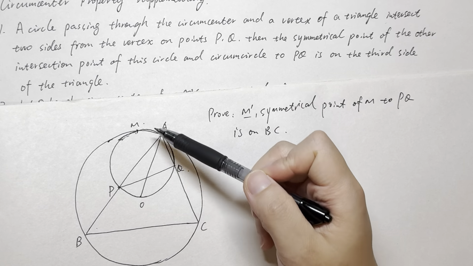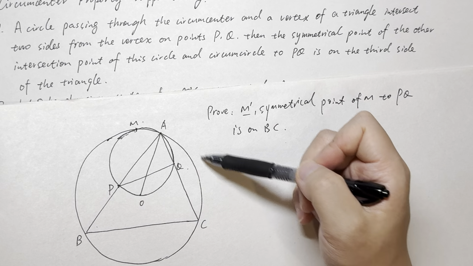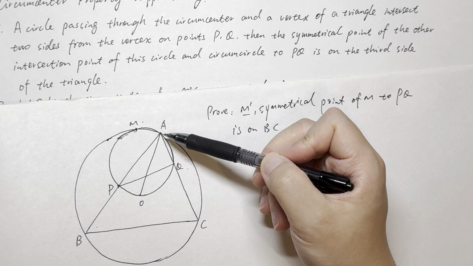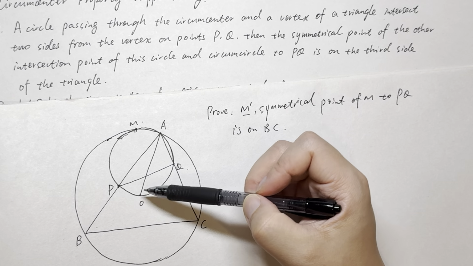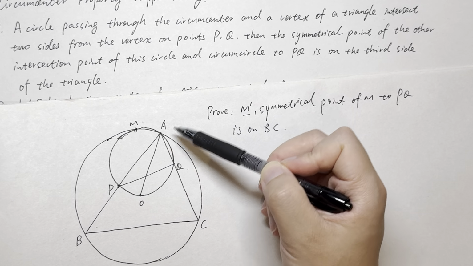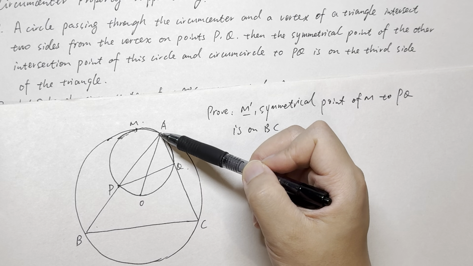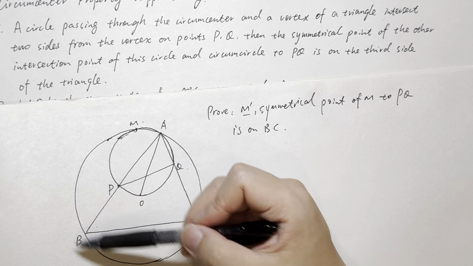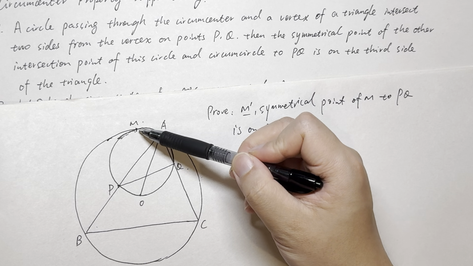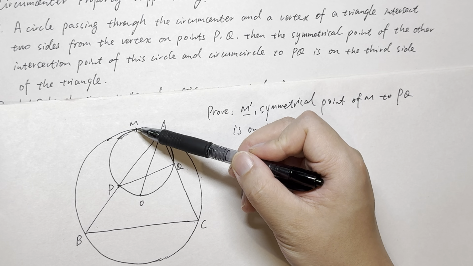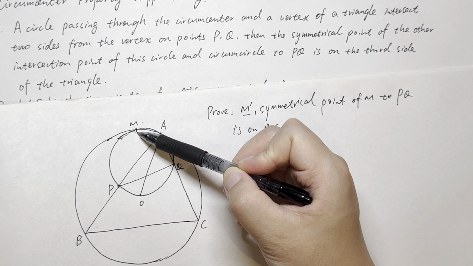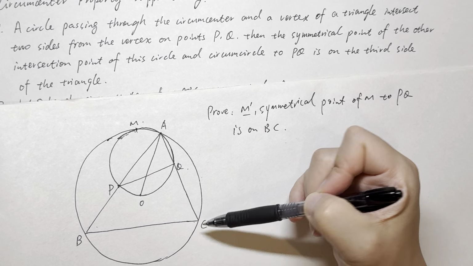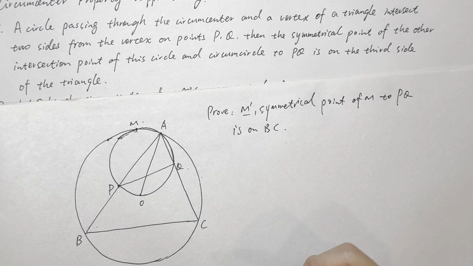Right, so the problem is that we have the triangle ABC, we have the circumcircle of the triangle ABC, and we have another circle that passes through O and A. This circle meets AB, AC at P and Q respectively, and meets the circumcircle of the triangle ABC at point M. And we want to prove that the symmetrical point of M to PQ is on BC, right?